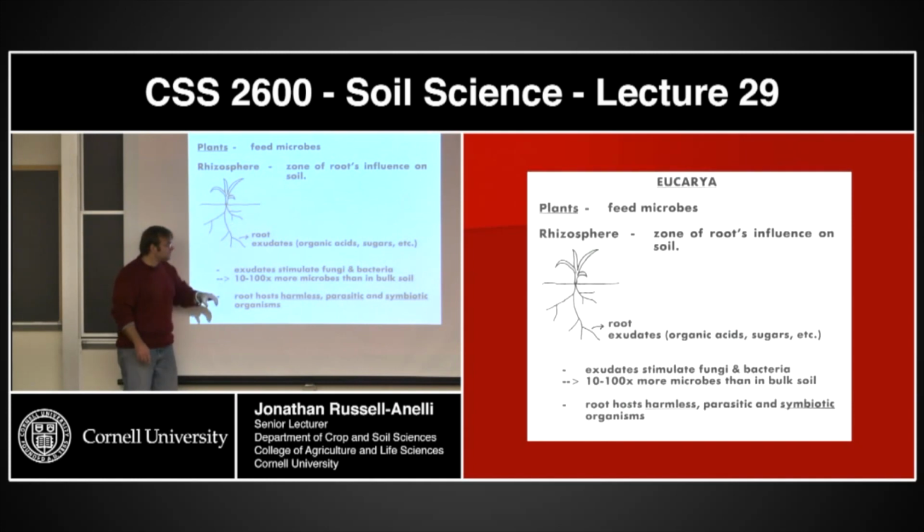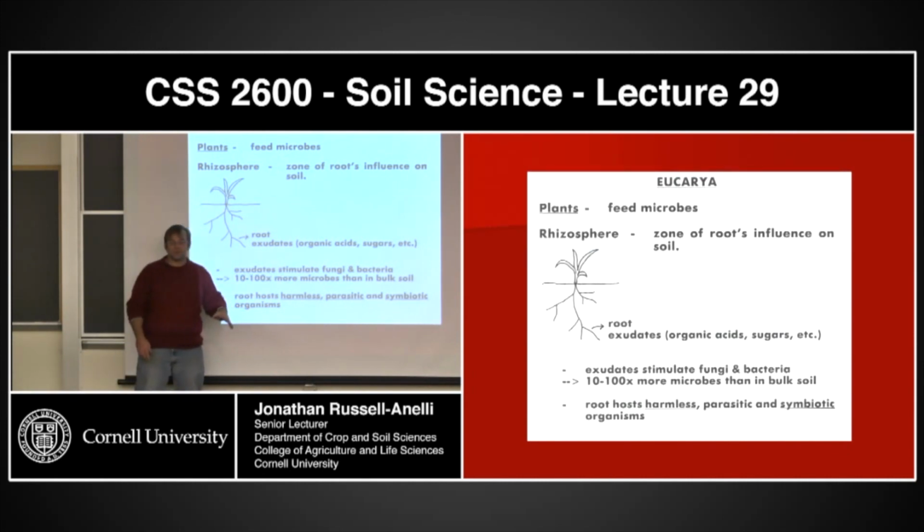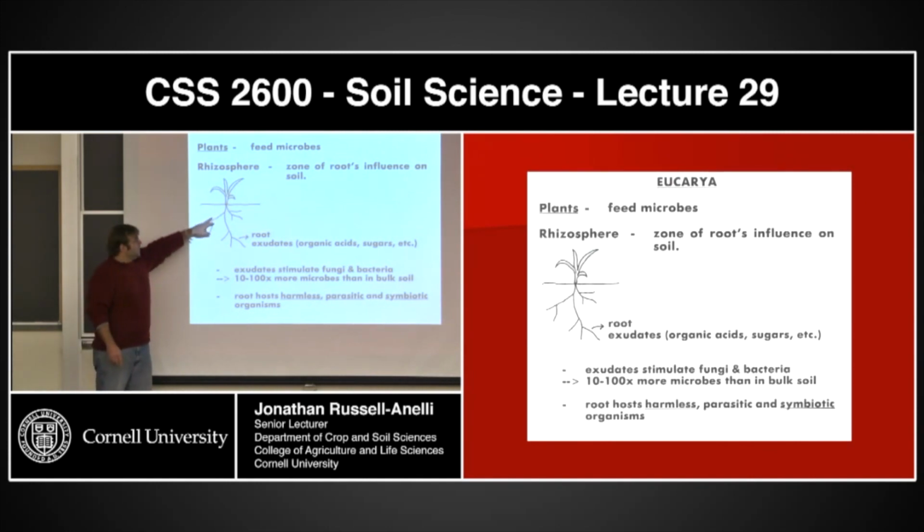These exudates stimulate fungal as well as bacterial growth, and often there will be 10 to 100 times more microbes than in the bulk soil. Now, the relationship with these roots hosts harmless as well as parasitic as well as symbiotic organisms.